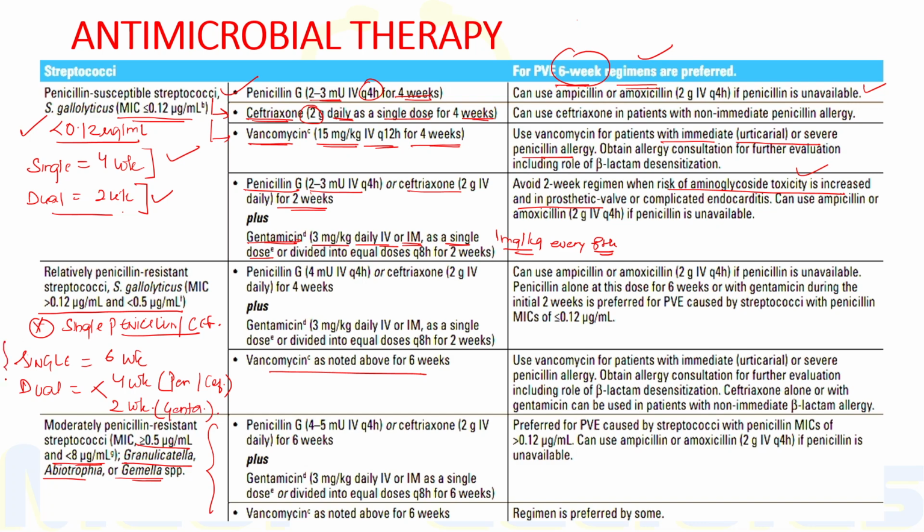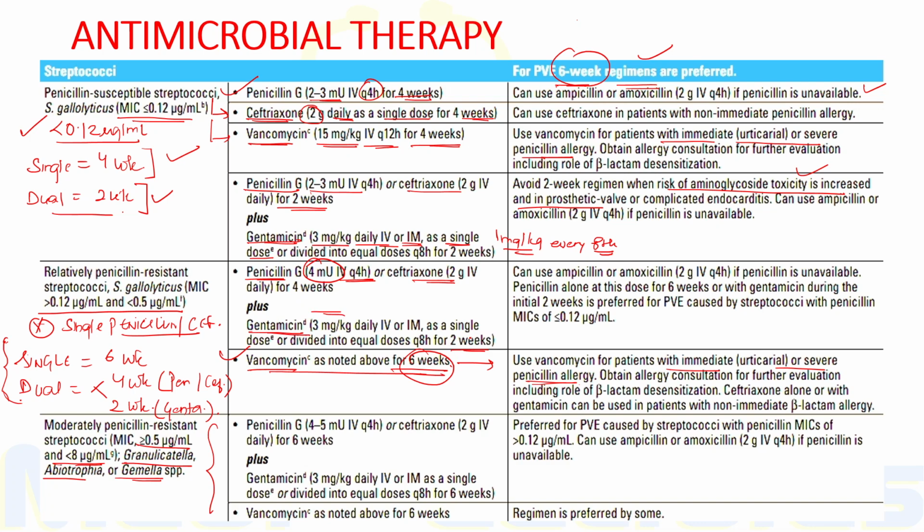So we are trying to simplify things so that these are easy to remember. If a single drug is given, vancomycin in the same dose for 6 weeks, this is preferred for patients with immediate or severe penicillin allergy. If dual antibiotic is given, penicillin, now we have also increased the dose to 4 million international units every 4 hours, or ceftriaxone in the same dose, that is 2 gram daily, for 4 weeks. Along with this, gentamicin in the same dose for 2 weeks.